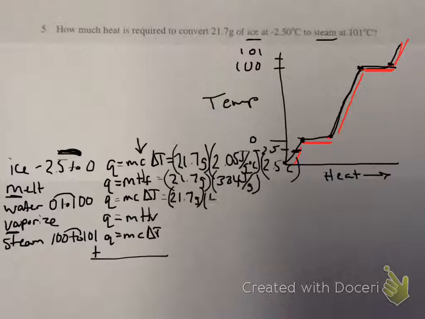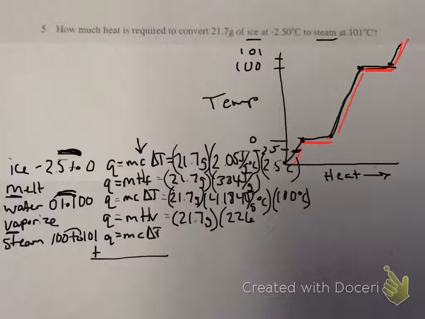The specific heat of liquid water is 4.184 joules per gram degree C, and my temperature change for that segment is 100 degrees C. For the next one, 21.7 grams is my mass, times the heat of vaporization for water.